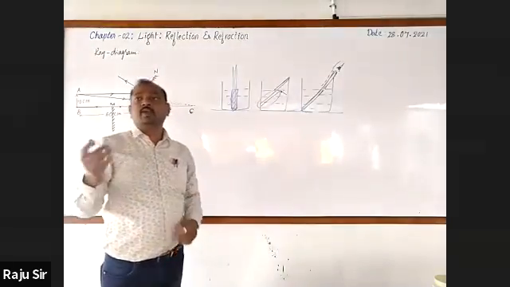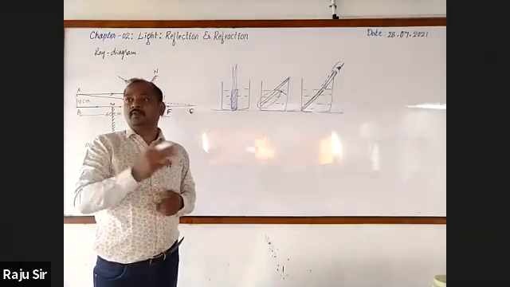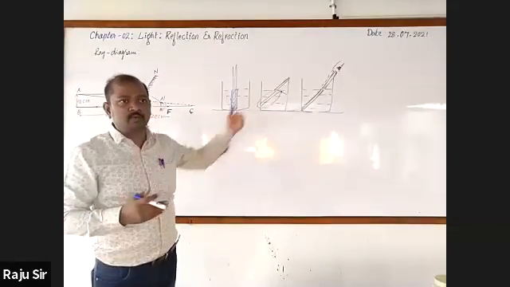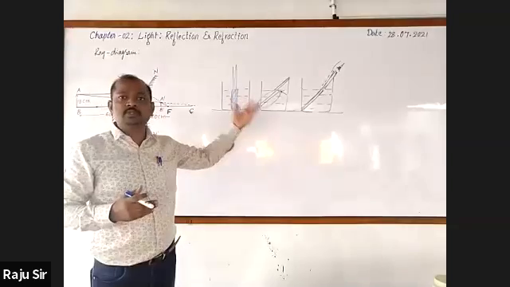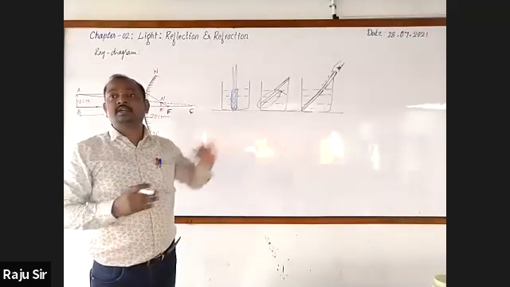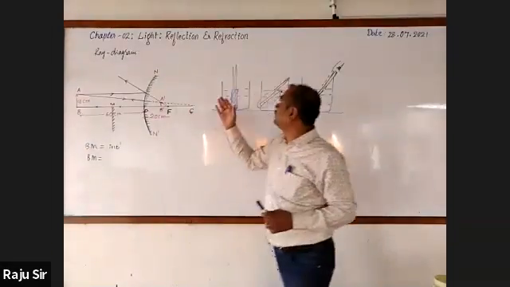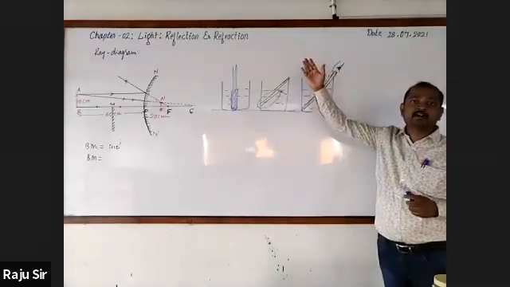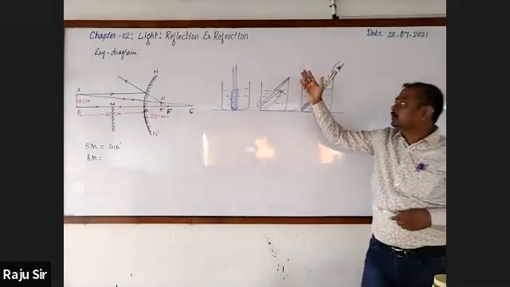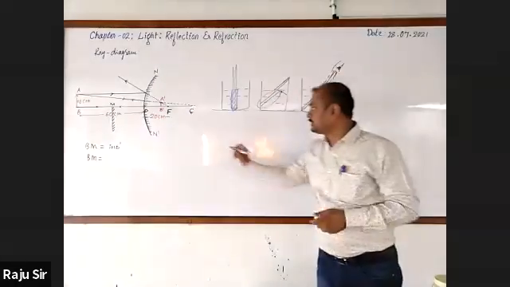We all know that the velocity of light is different in different media. As it travels from one medium to another, due to the change in speed, it changes its direction of motion also. We call this phenomenon refraction of light. Now let me tell you the definition.